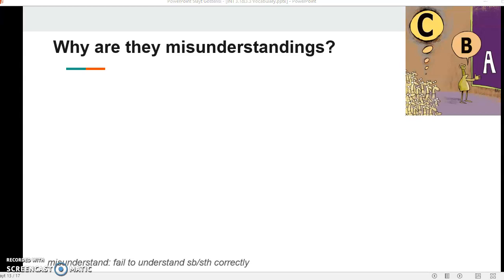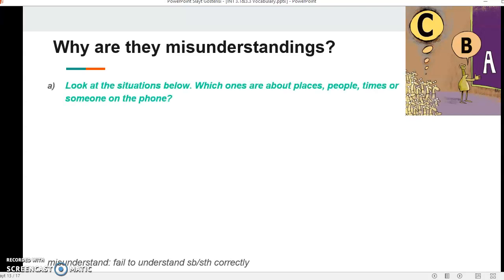Okay, this time we are talking about misunderstandings. Misunderstand means fail to understand someone or something correctly. So if you misunderstand something or someone, you understand them incorrectly. Here you will see 8 situations. First, read the situations. Are they about places, people, times, or someone on the phone? And then you will see 3 alternatives below the situation.